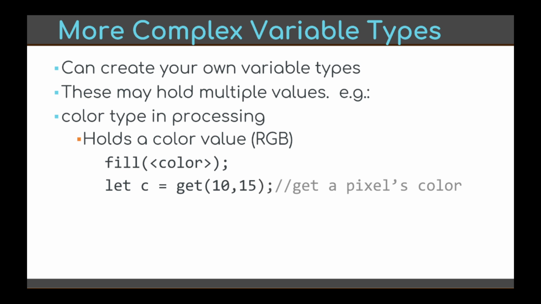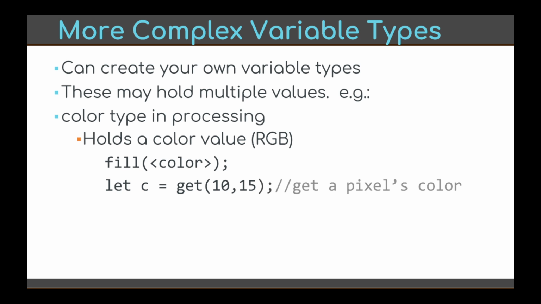So color holds an RGB value, like we said. You can use a color data structure inside of fill. So we'll take a look at that in a moment. But we can also get values. So this is a cool function. This get 10, 15, if you look it up in the documentation, it actually looks at your sketch and finds the color value of the pixel at 10, 15 and returns it.